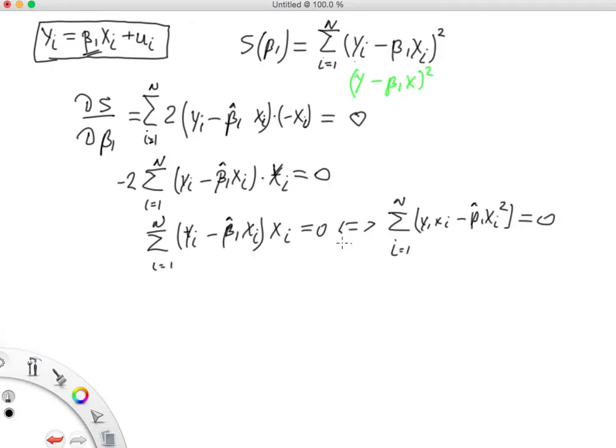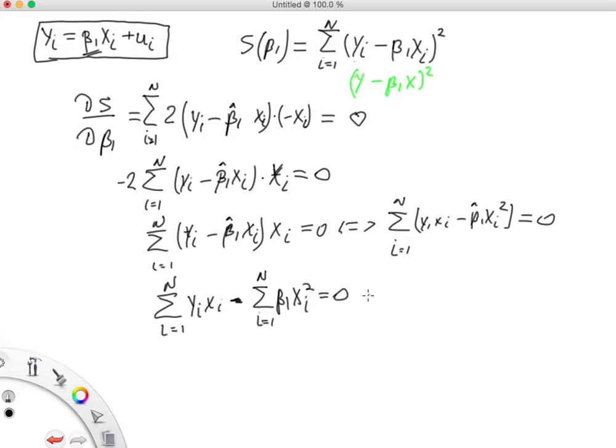Right, so I factored in, or multiplied in, the xi's. Now let's use the distributive rule of the summation operator and open the brackets. Then we will have the sum from i equal to 1 to n of yi xi minus beta 1 hat xi squared equals 0.